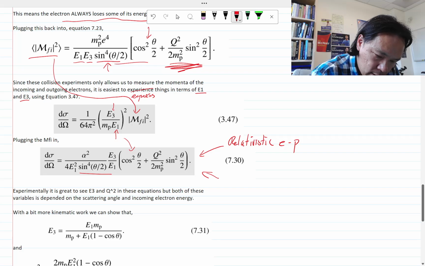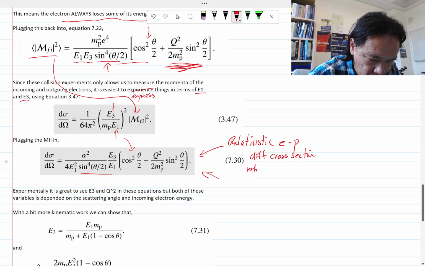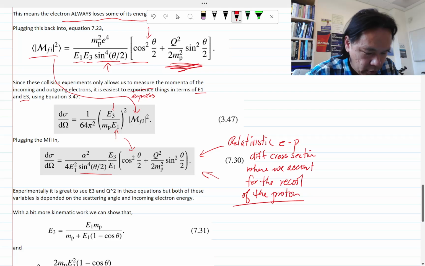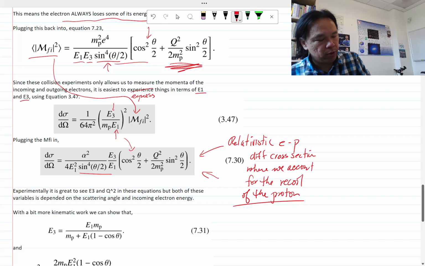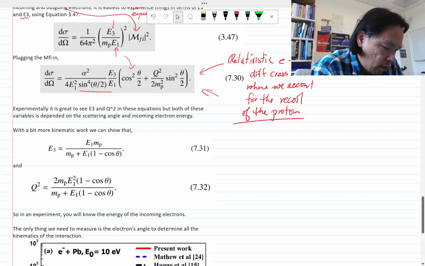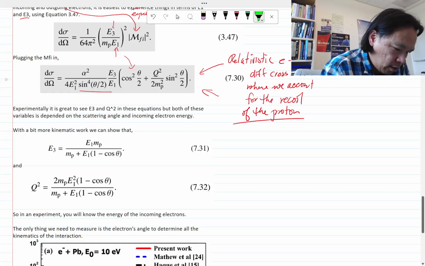EP differential cross-section, where we account for the recoil of the proton also, where the momentum transfer is great enough that the proton actually moves away at a substantial momentum.